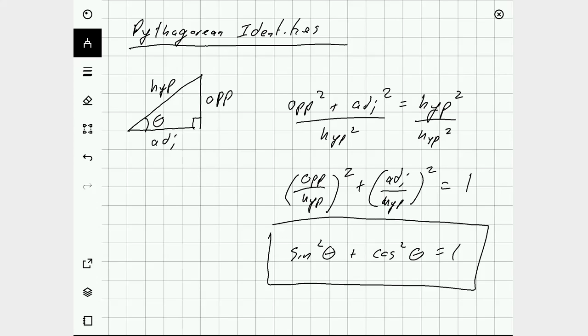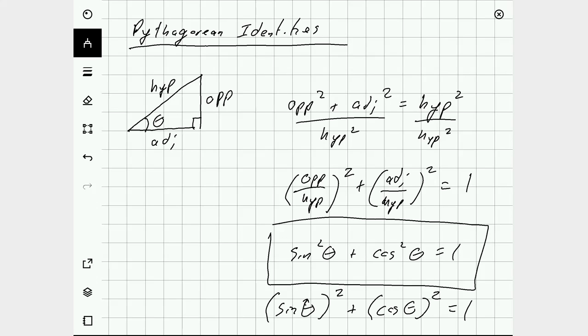What we really mean is take the sine of theta and square it, and take the cosine of theta and square it. But we write it as sine squared theta plus cosine squared theta because it's a little bit easier to write, and that's what everyone does, so it's important that you know that notation. That's the most common Pythagorean identity.